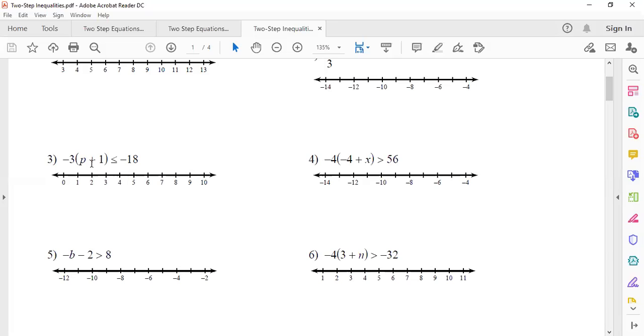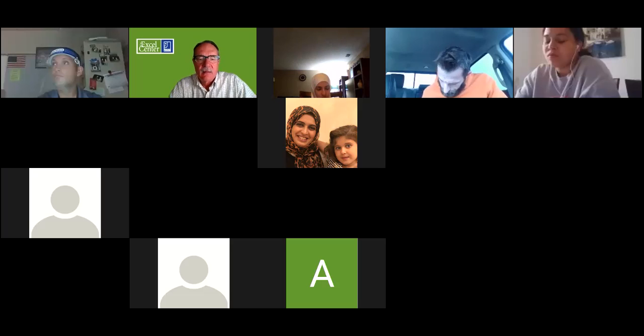This is the next problem I'm going to do here, number 3. -3 times this quantity, p plus 1, that's a distributive property problem, is less than or equal to -18. -3 (p plus 1) less than or equal to -18.